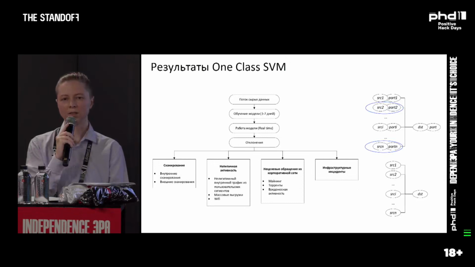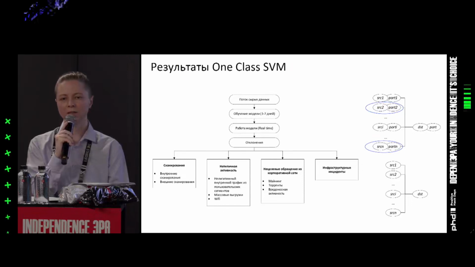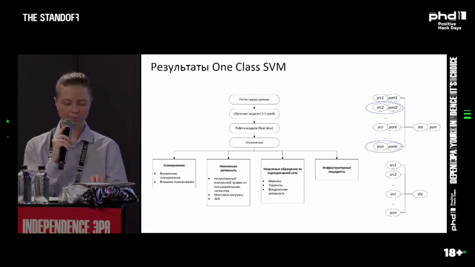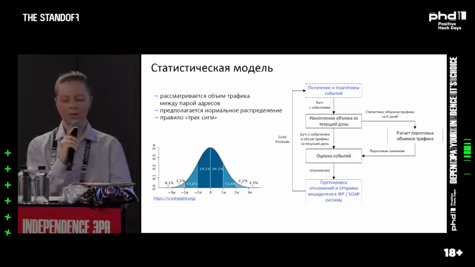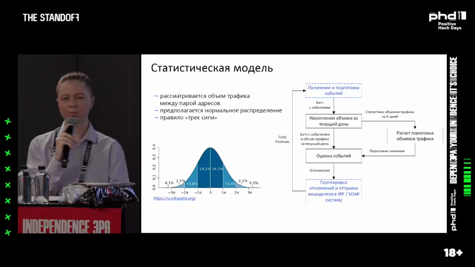The customer would have legitimate scans for vulnerabilities and backups, which were carried out more rarely than once a week. Then we closed them as false positives, and we took that feedback into account, and we no longer treated them as anomalies afterwards.